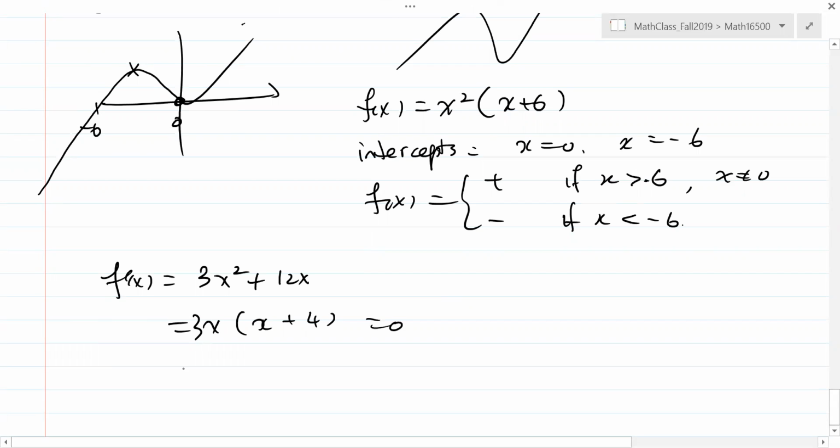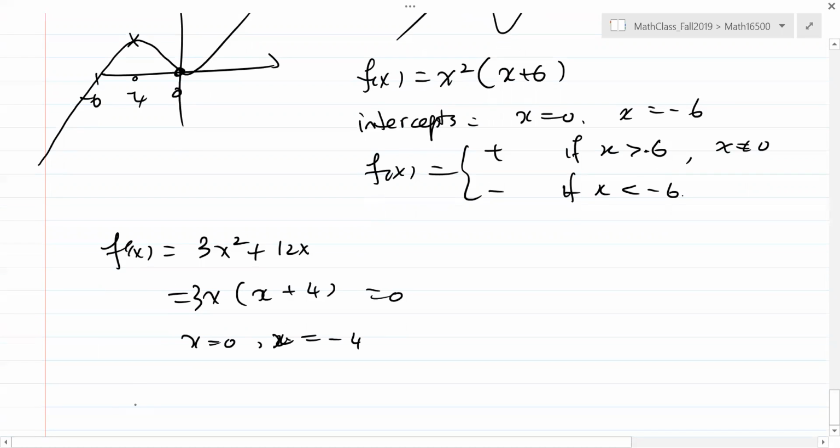Set this to be 0: x equals 0, x equals -4. I'm not surprised, -4 is here. Okay, so f of 0, which is 0, is a local minimum value.